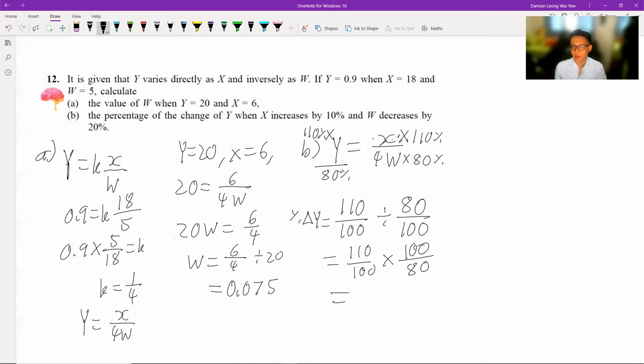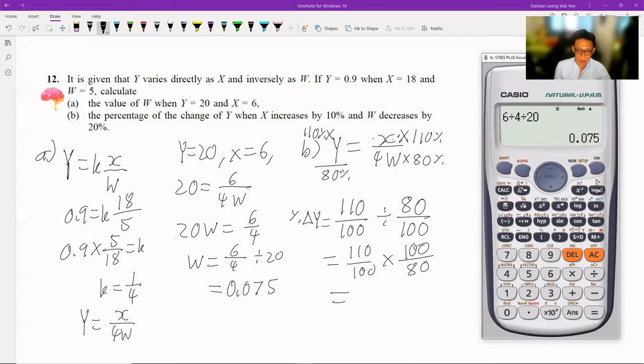So it's 110 divided by 80, basically, which is 1.375. That would be the change, actually. It will be 1.375 times.